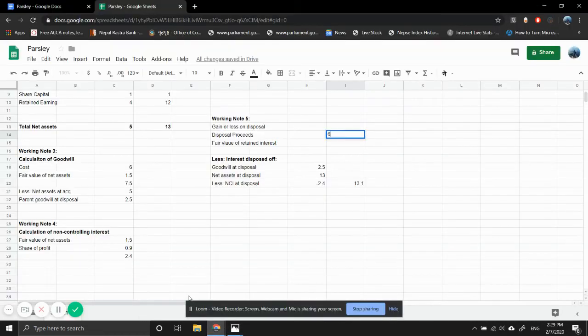So our total will be 16, right? So on this particular sale, our profit will be 2.9. Isn't that correct?